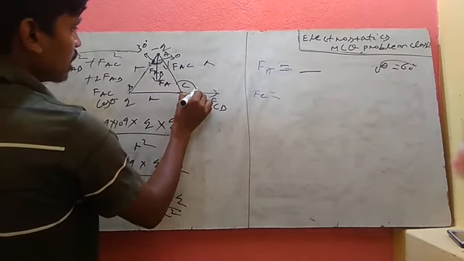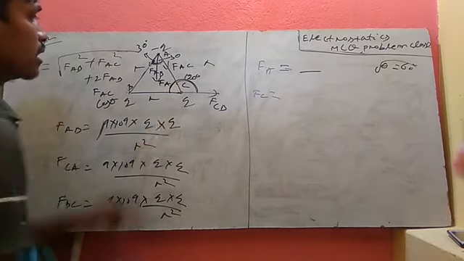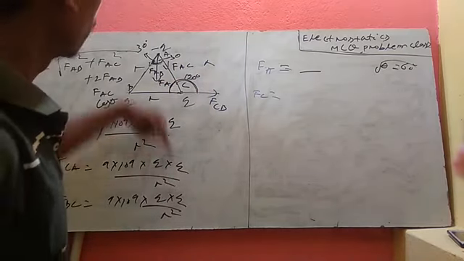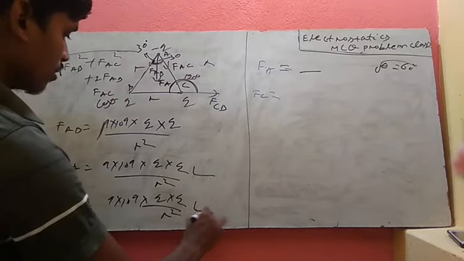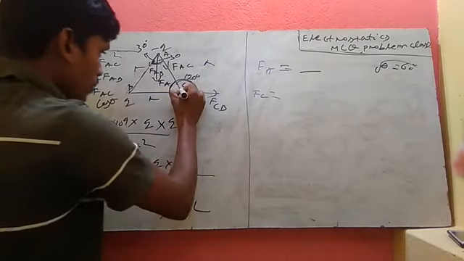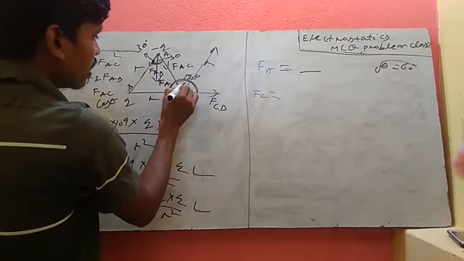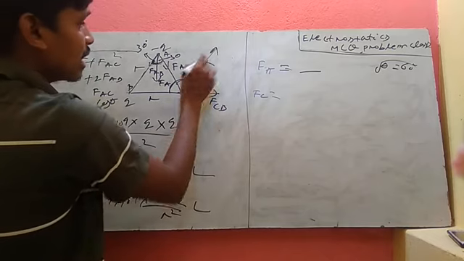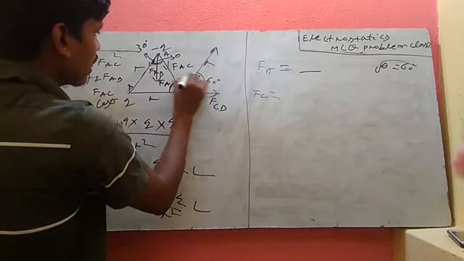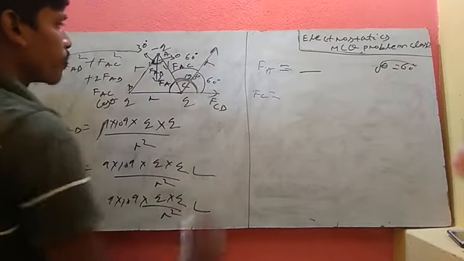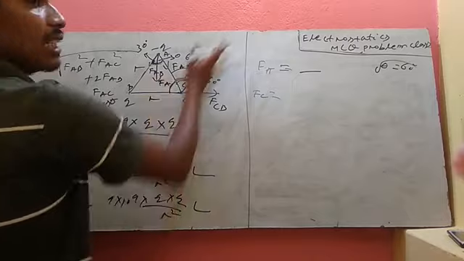This angle is 120 degrees, because the triangle angle is 60. FAC and FCB have equal magnitude, so the net force is perfectly along this direction, dividing the angle into 60 degrees each.